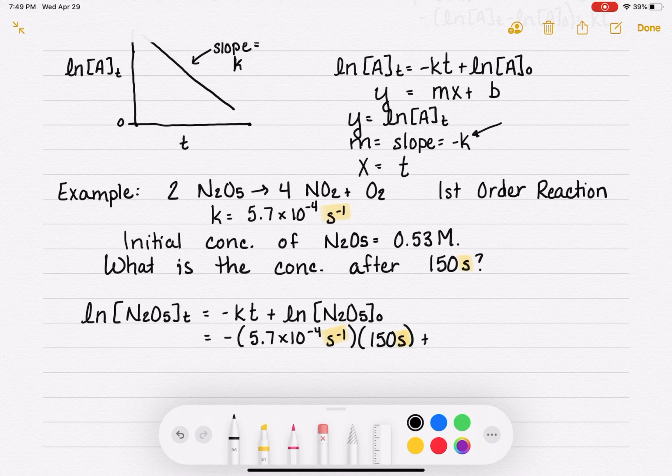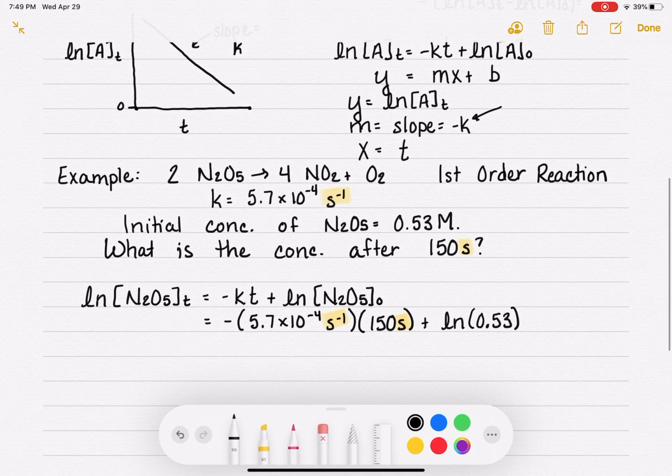And then to that, we are going to add the natural log of our concentration at the starting point, or at time 0. These equations are really easy to use because we are literally just plugging stuff in and solving. Negative 5.7 times 10 to the minus 4 times 150, and then to that, we are going to add the natural log of 0.53.